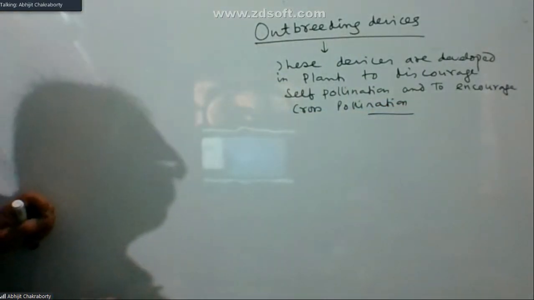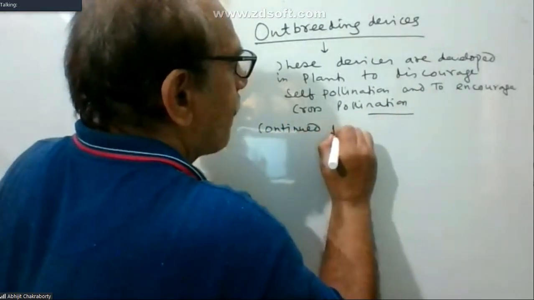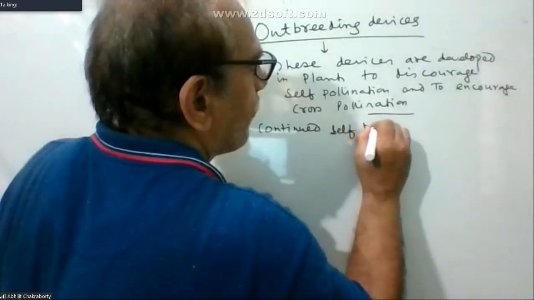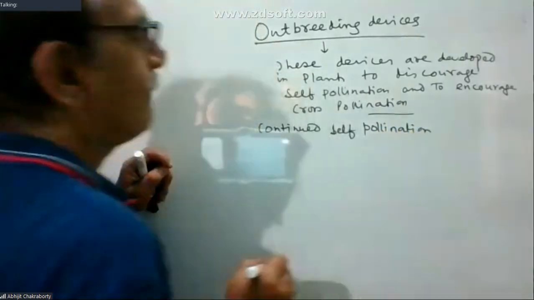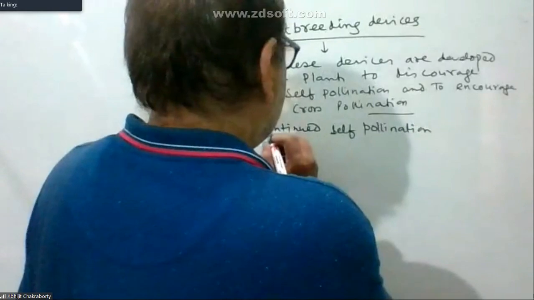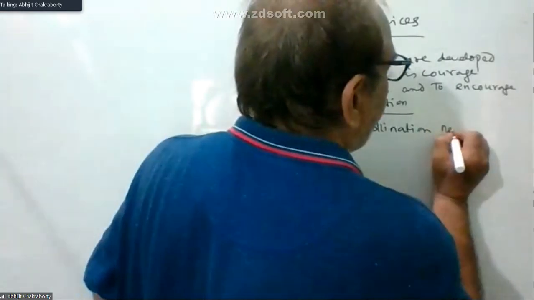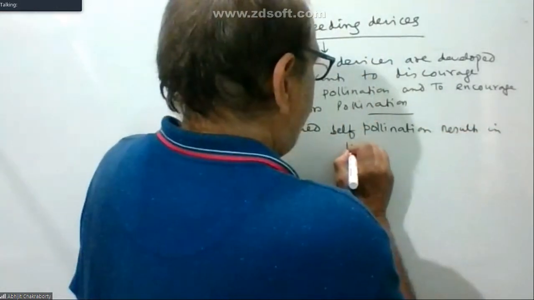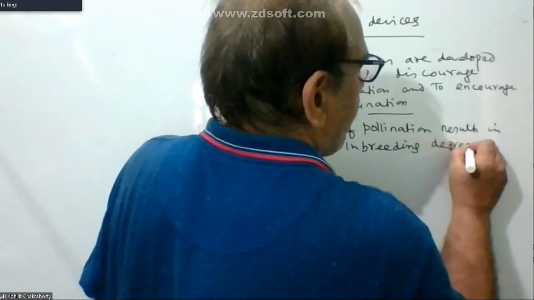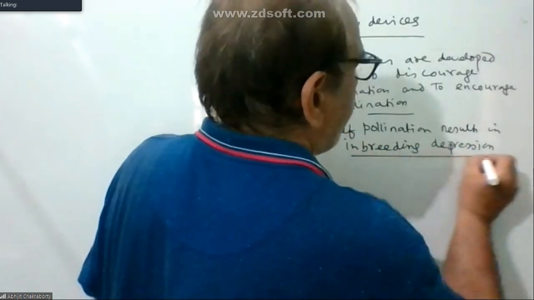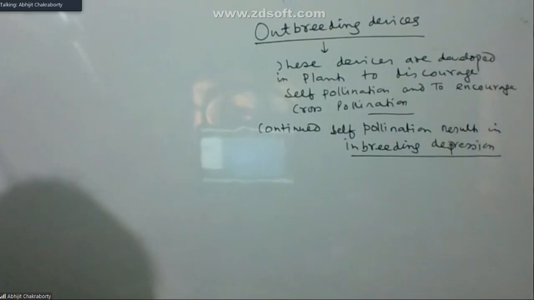Why? Because continued self-pollination results in inbreeding depression in plants.